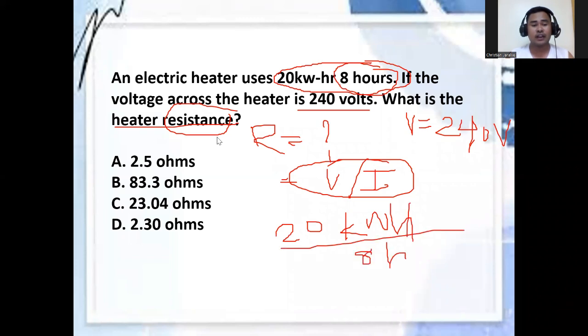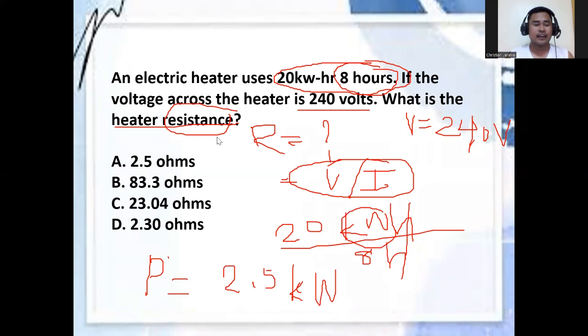Anong unit yung common? Hours. Anong litera? Kilowatt. Tama? Po ba? Yung power natin dito ngayon is equal to 20 divided by 8. That will give you an answer of 2.5 kilowatts. Am I correct? Diba?